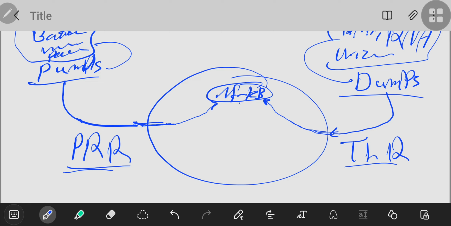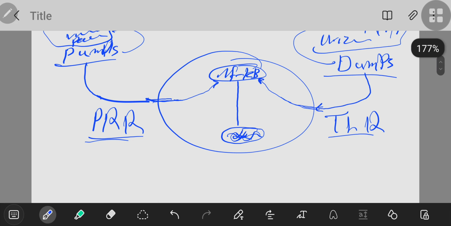The NF-κB is induced and goes down to the pro-inflammatory DNA. What do they do in the DNA? They transcribe it. Once it's transcribed, it will lead to inflammation.